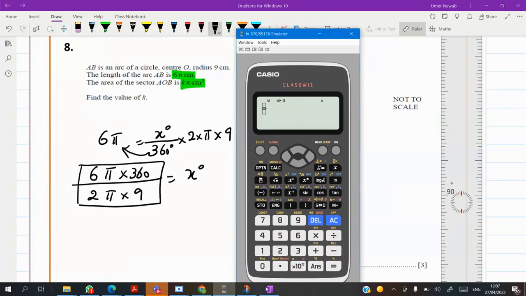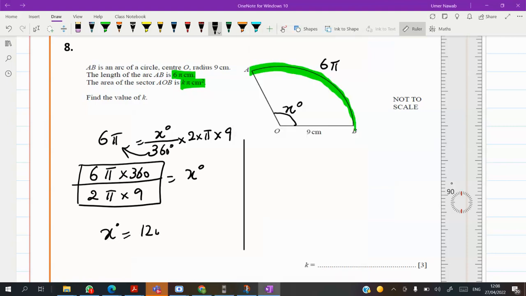Although you can cancel pi with pi, some students, if they have a problem in canceling them, can just copy it in the calculator. So what's the answer I'm getting? So x angle is 120. Now can I find the area of a sector?